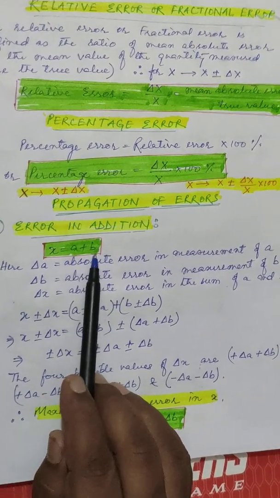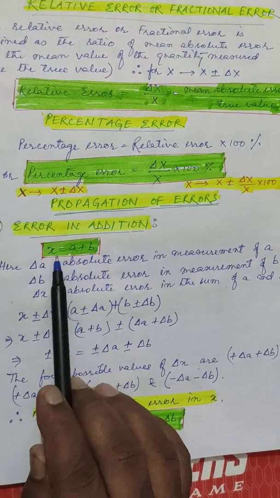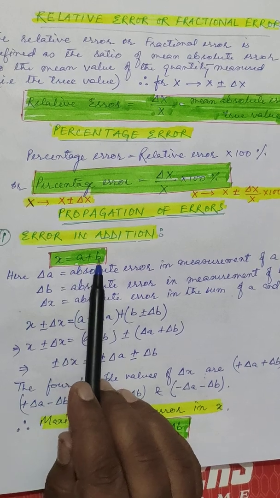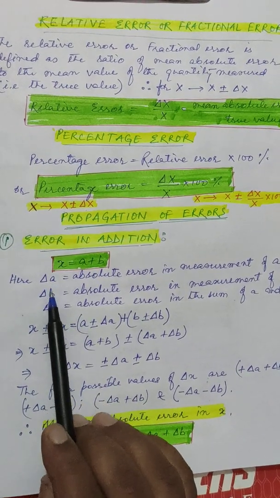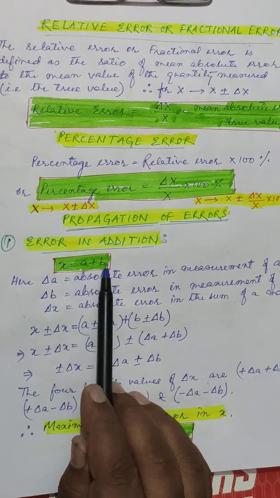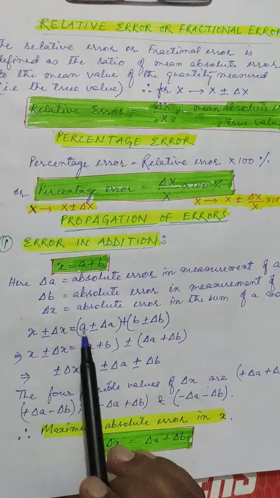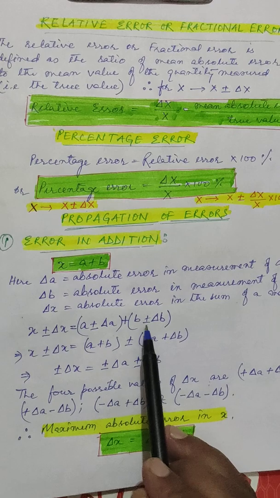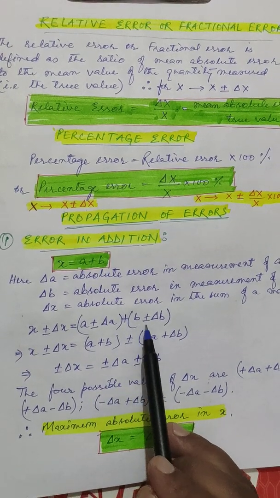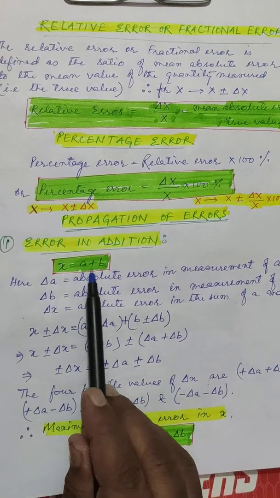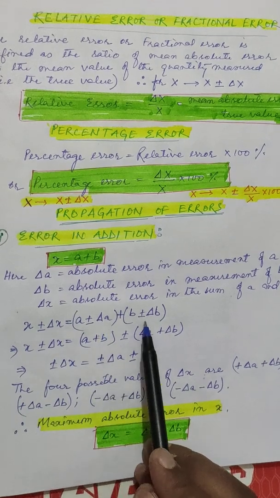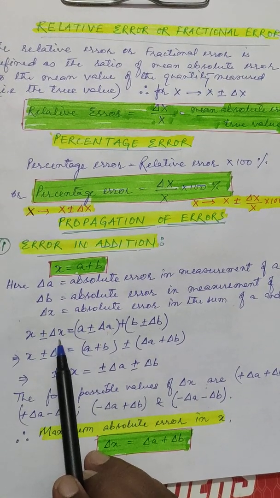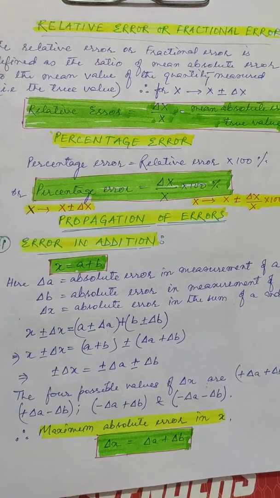Suppose two measured values are given, a and b, and their result is x, but a and b have errors, delta a and delta b respectively. So a will be represented as a plus minus delta a, and b will be represented as b plus minus delta b. So in addition, if we are taking into account their errors, then the result will also have its error given by delta x.